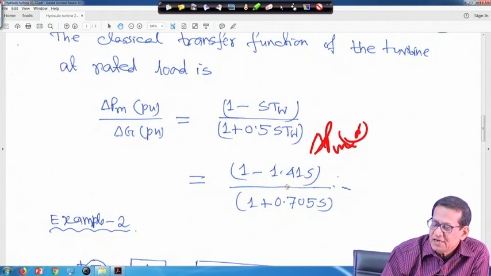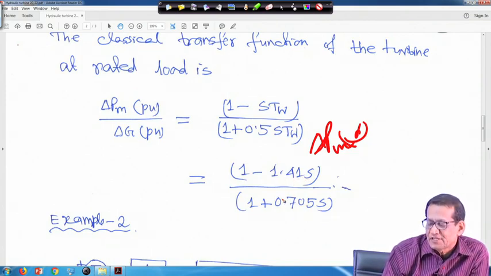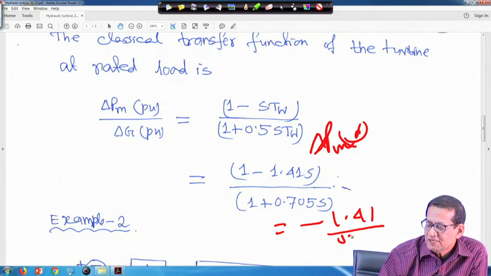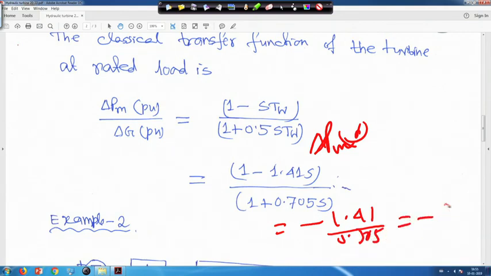You divide numerator and denominator by s, so it will be minus 1.41 divided by 0.705. So, same as before, minus 2, right. Similarly, by the final value theorem, when t tends to infinity, s tends to 0, it is 1, right.